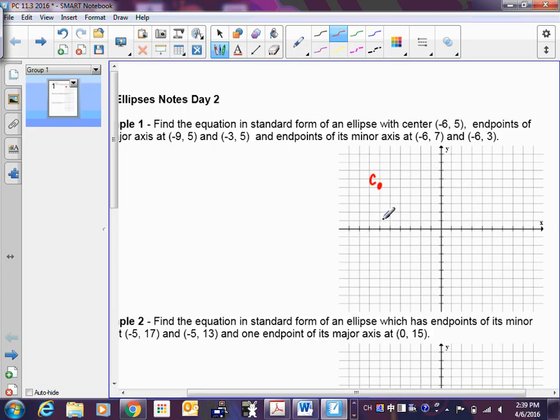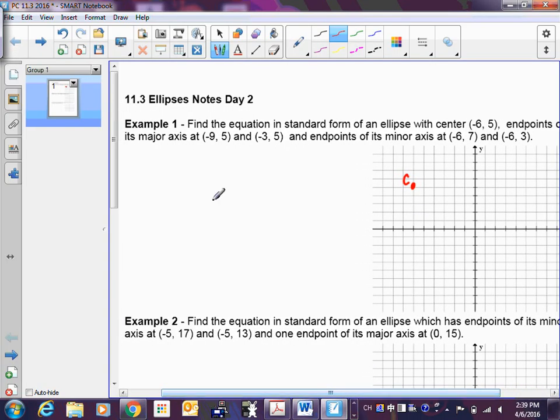Let's label that with a little c for center. And then it says endpoints of the major axis. What's another word for endpoints of major axis? Yeah, vertex. And there are 2 of them, so we'll graph both of them. -3, 5, and they should be in line with the center.